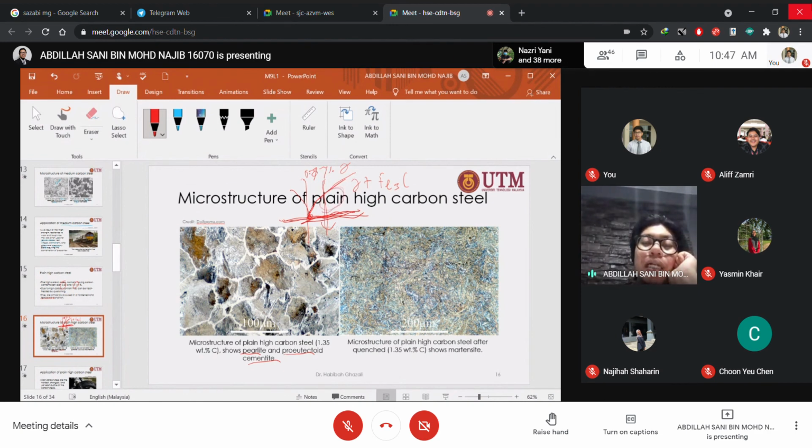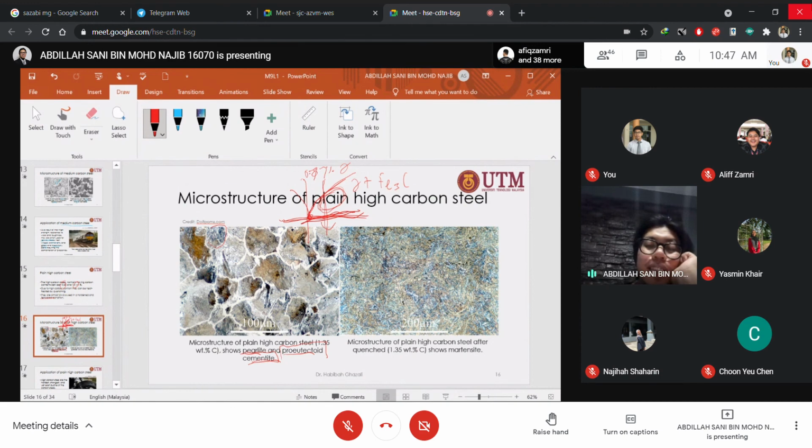This formation of cementite occurs higher than the eutectoid temperature. This is what we call the pro-eutectoid cementite. So the microstructure has pearlite like this one, you can see the lamella, and at the same time it has pro-eutectoid cementite.